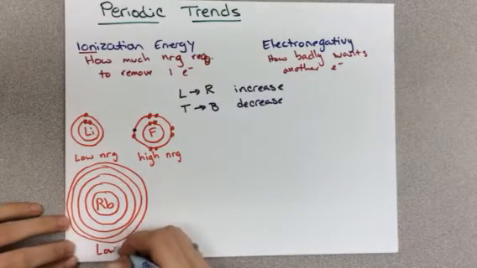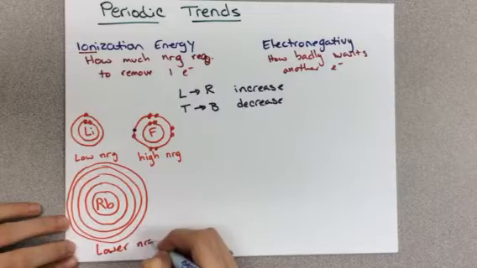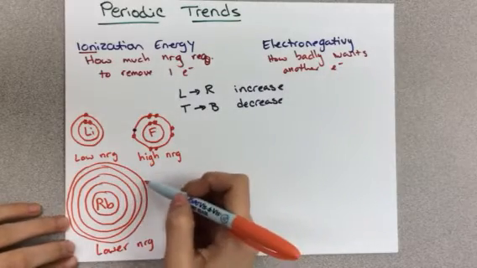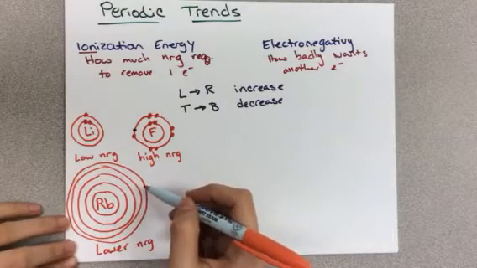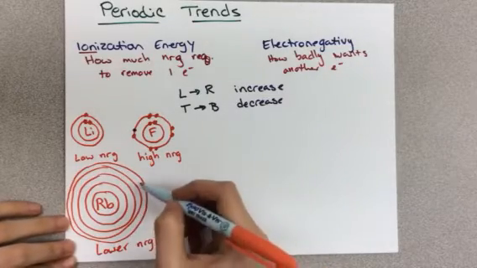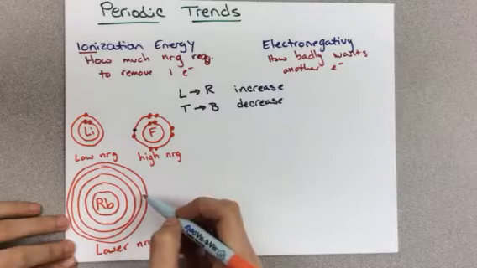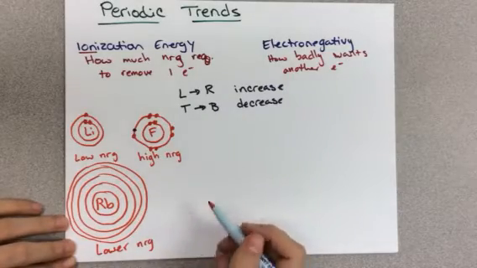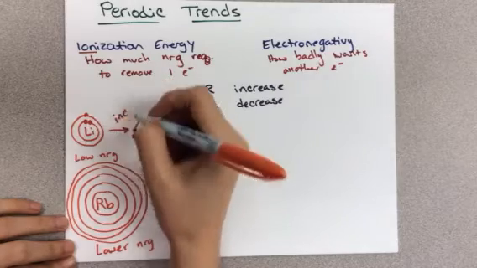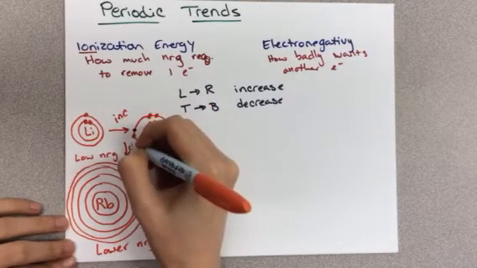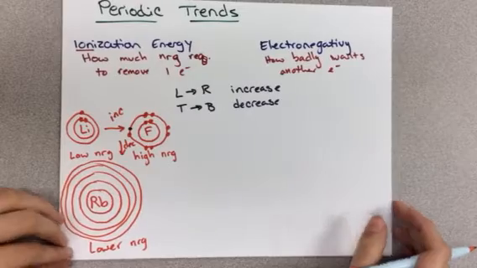So this is even lower energy required because those electrons are just not being held very tightly, so they can very easily be plucked off. It does not take a lot of energy to pluck one of those electrons off. So keep in mind, from left to right it increases, and from top to bottom it decreases.